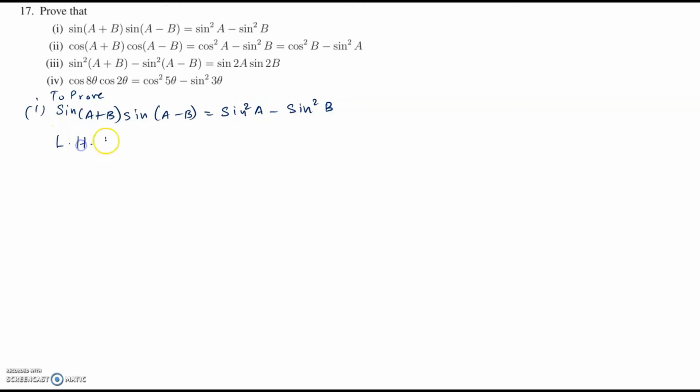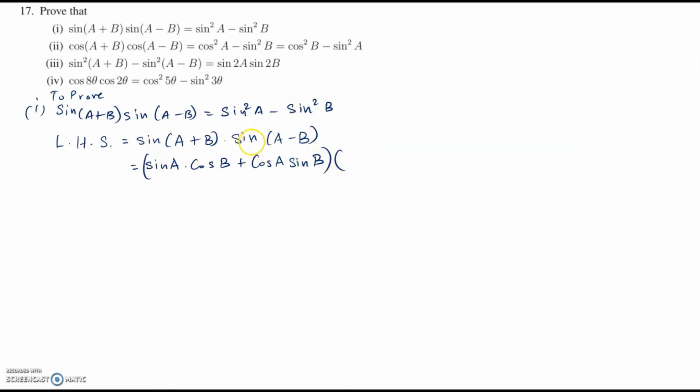So let's take LHS. That's equal to sin(a+b) into sin(a-b). So let's apply the formula for sin(a+b). Sin a cos b plus cos a sin b, this is multiplied with sin(a-b), which is sin a cos b minus cos a sin b.